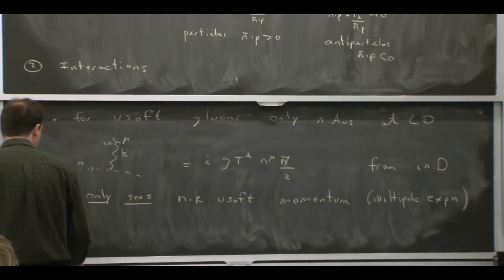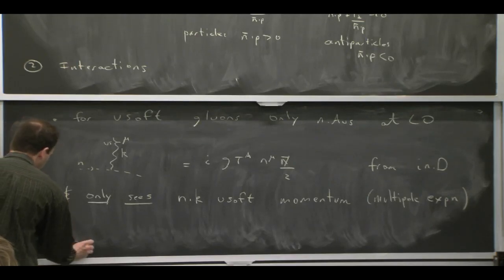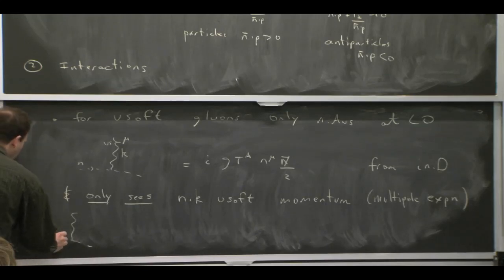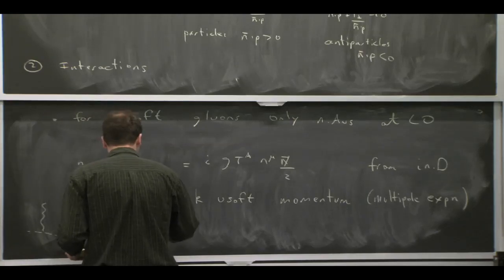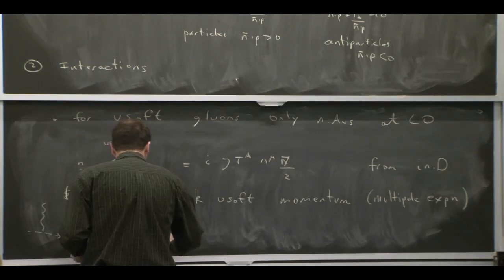So if we do that at the level of thinking about some kind of diagram, so let's think about some type of diagram like this, and let's look at this propagator here. That propagator, we wrote this out before, but let me write it out again.